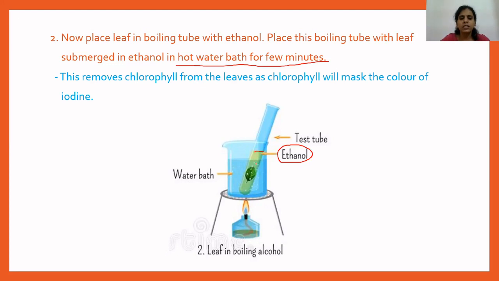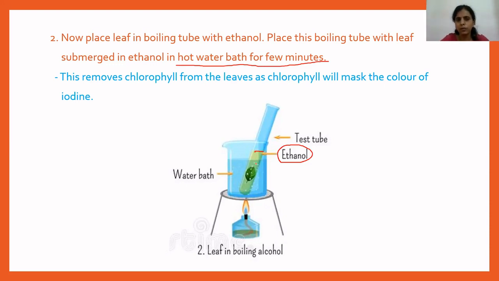This step is very important because if, after the first step, we directly pour iodine solution on the leaf, the iodine solution will be able to react with the starch grains, but the presence of chlorophyll, the green color of chlorophyll, will mask the blue-black color of the starch and iodine reaction. So it's important to remove chlorophyll from the leaf.